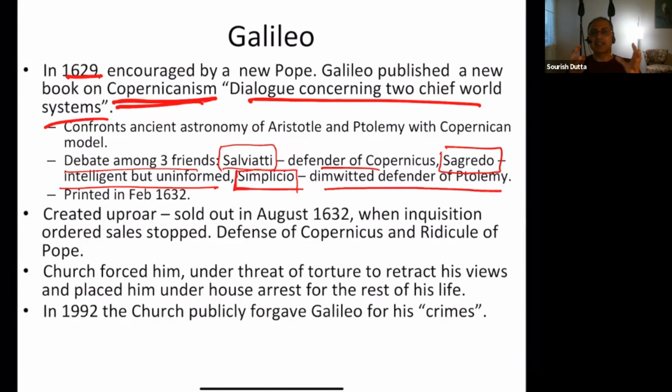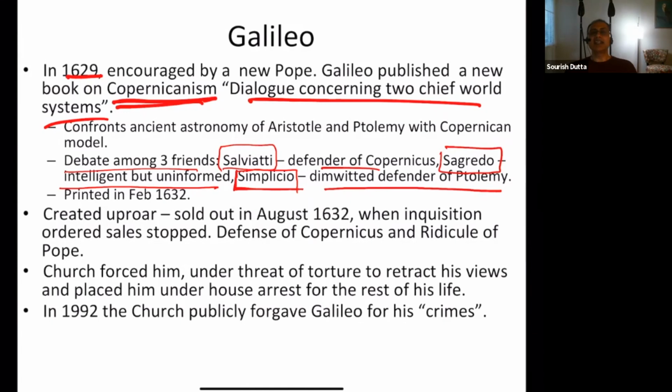So he would say, okay, this is what I have always believed, but looking at all this evidence, I have to change my mind and accept that this is true. He had the intelligence to do that. So the whole book is this delightful debate among these three characters, and this is how he put out the ideas of Copernicus brilliantly in this book.